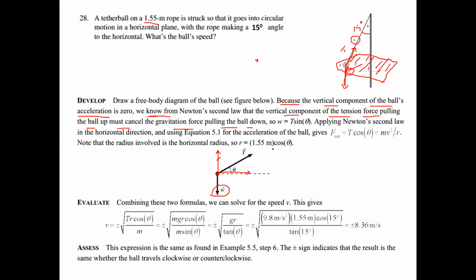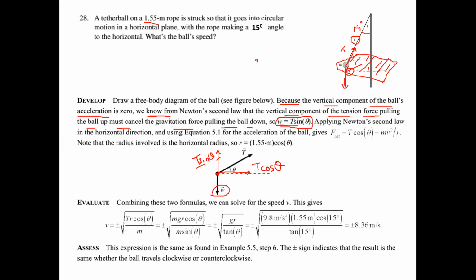So in this case, the vertical component will be T sine theta, right? And what about this one? The horizontal component will be T cosine theta, right? So the weight of your object must be equal to this one, T sine theta, okay?